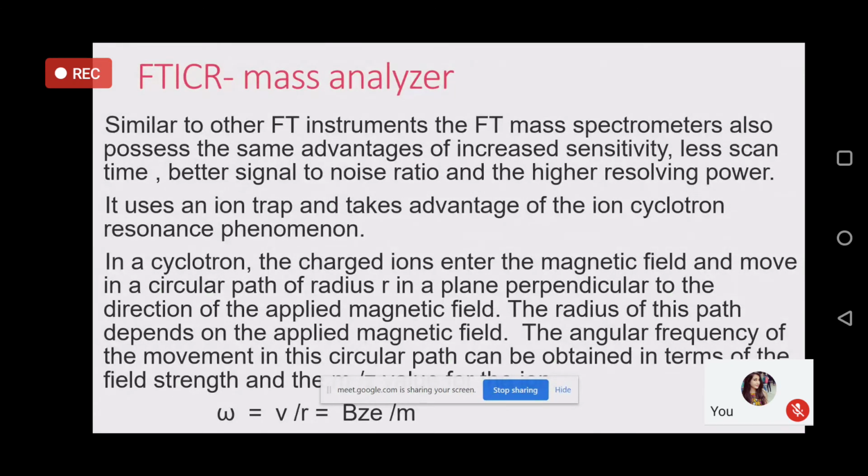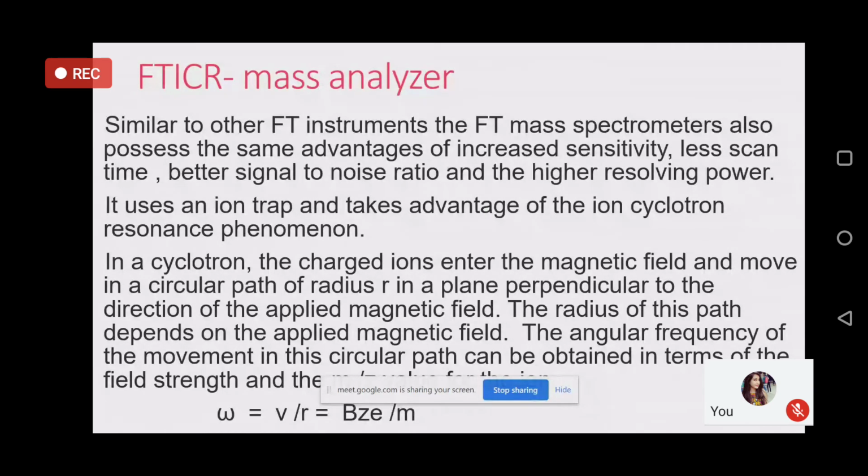Similar to the Fourier transform instruments, the FT mass spectrometers also possess the same advantages of increased sensitivity, less scan time, better signal to noise ratio, and a high resolving power. All of you are familiar. These are the basic advantages of an FT instrument.